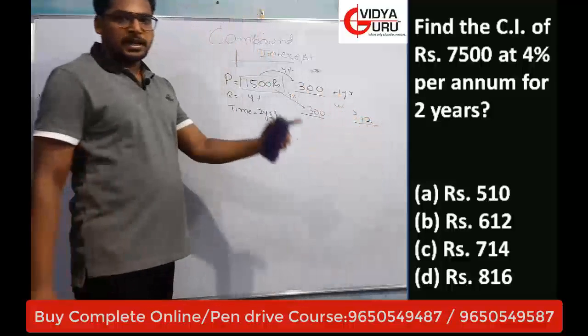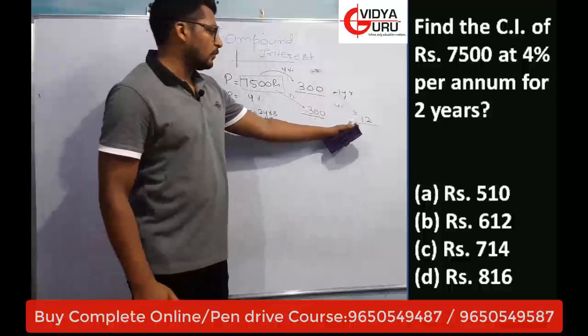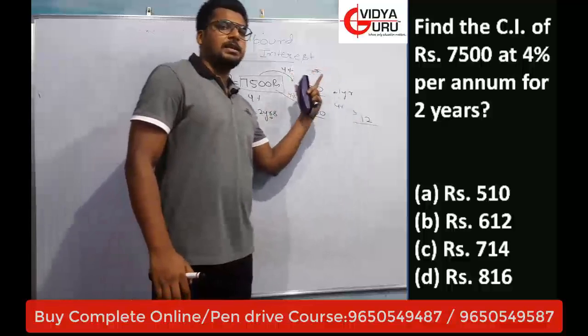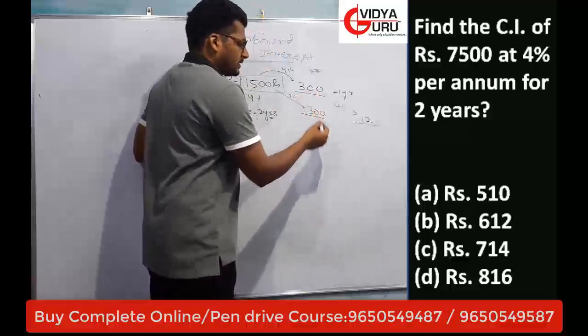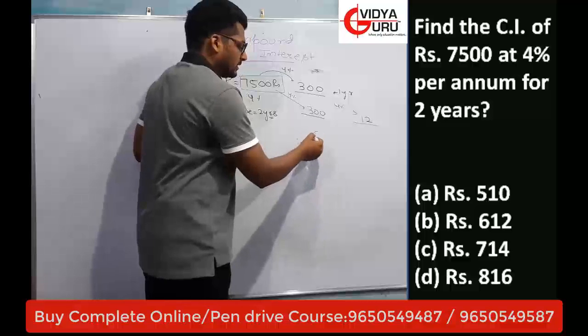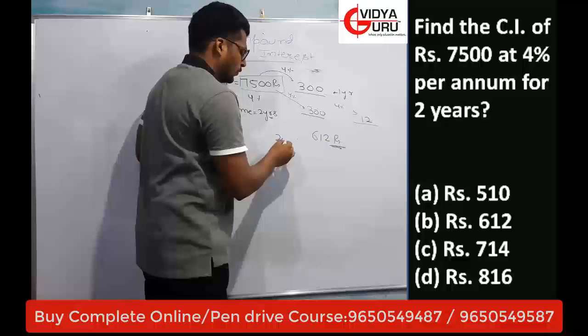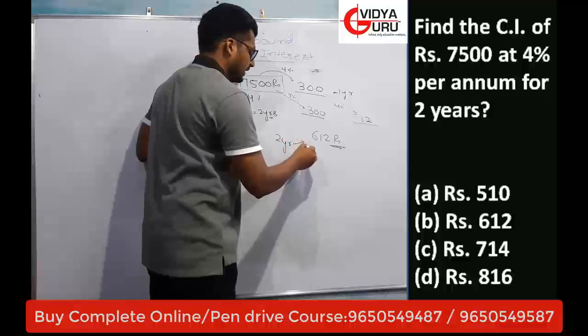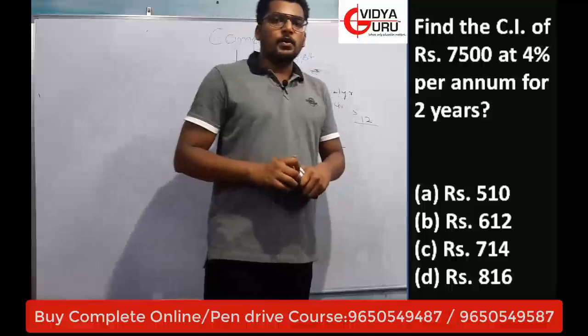So what I mean to say, in compound interest, we also get interest on every last year's interest. So total interest will be 300 plus 300 plus 12, that is 612 rupees. The 2-year CI will be 612 rupees.